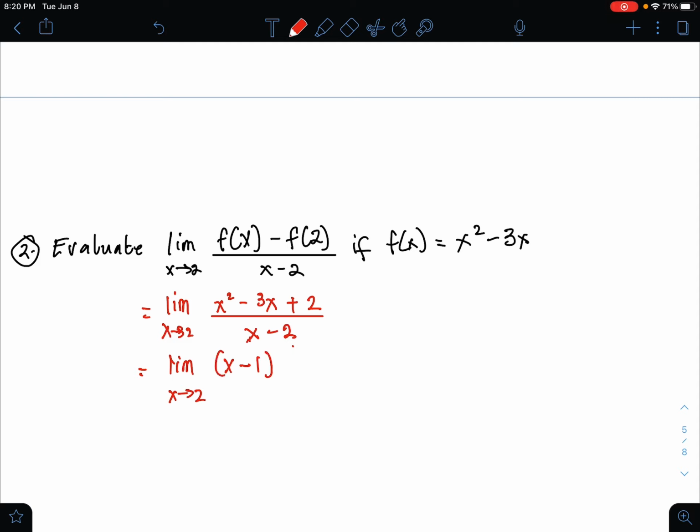So, x minus 1, that's if you're using your Casio fx-991ES or 570ES. Maybe it is the same on the Canon. But the degree is 2. Okay, then just cancel this one, and the limit of x minus 1 as x approaches 2 is just 2 minus 1, the answer is 1.